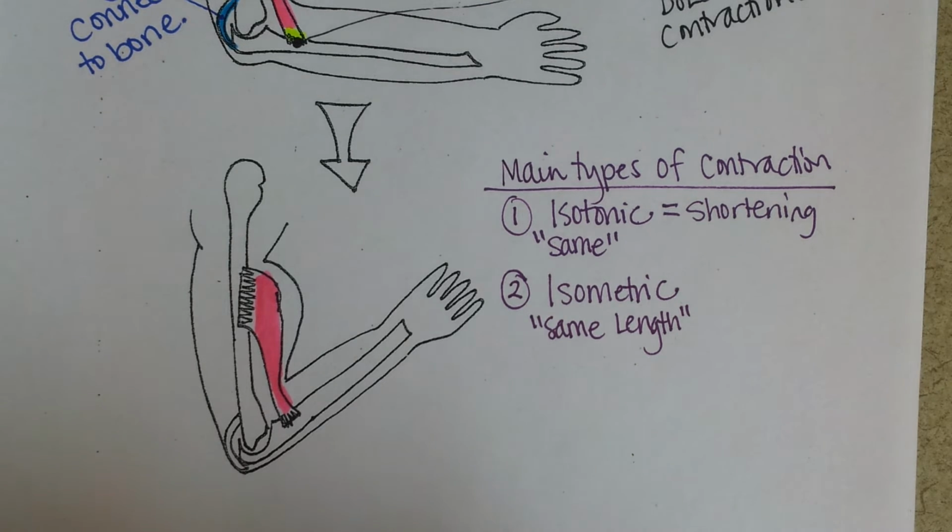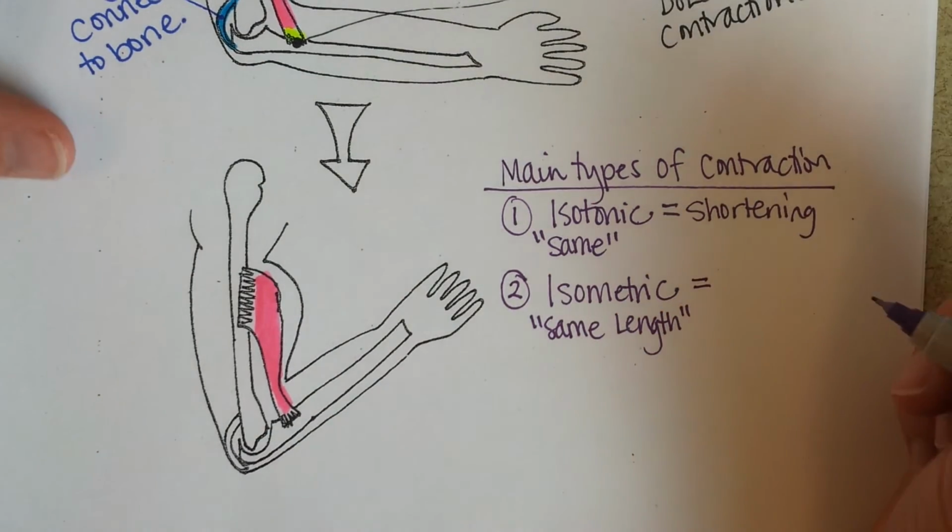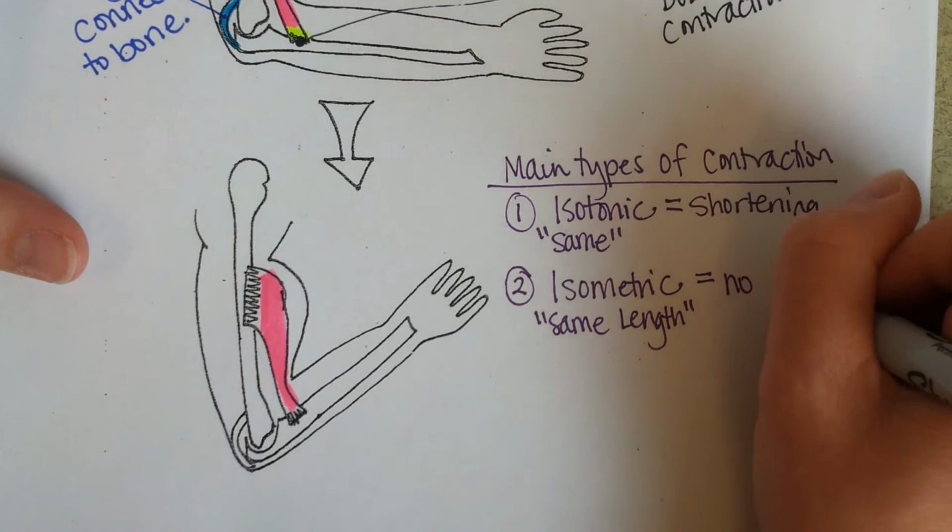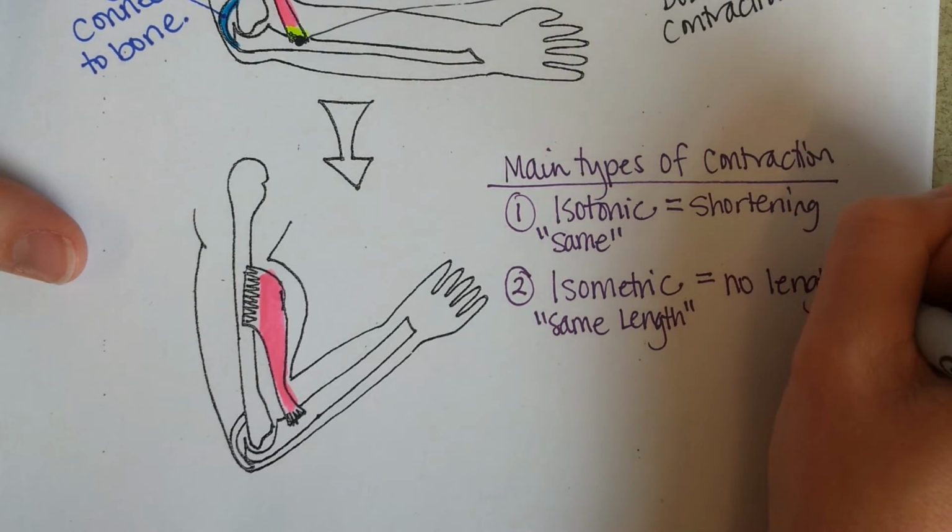So think about if you were to do a plank position, then your muscles aren't changing length as you're doing that, but if your pecs weren't contracting, then your chest would fall to the floor. So I like to think of an isometric as no length change.